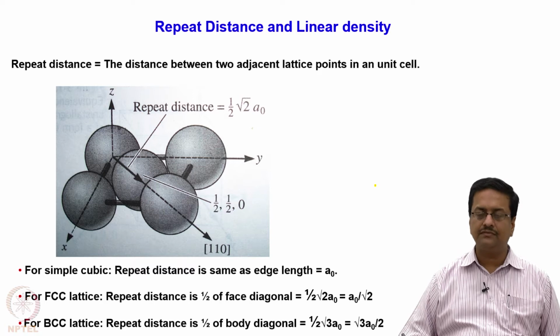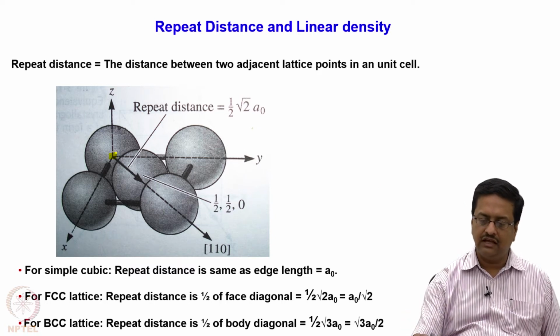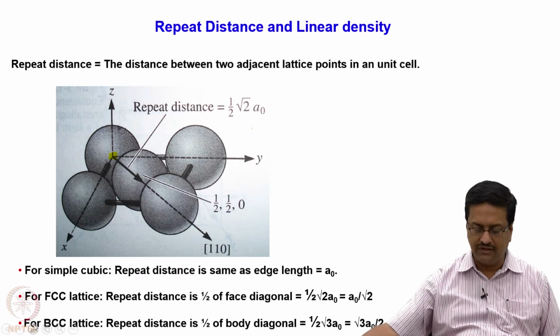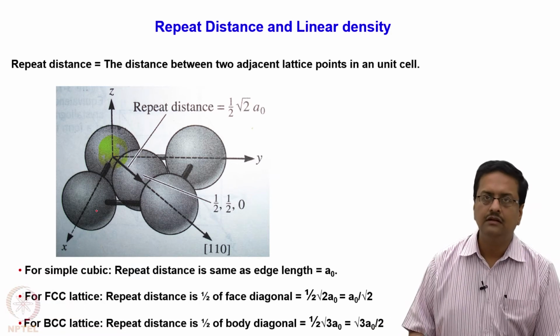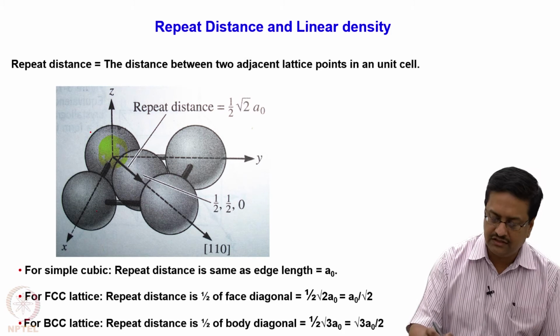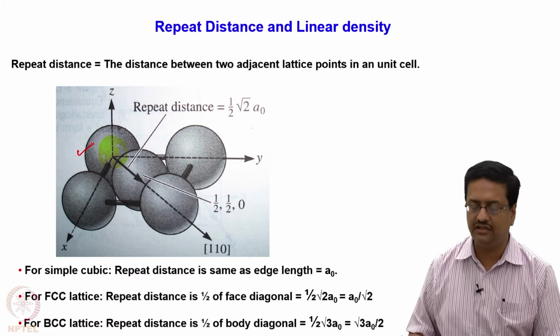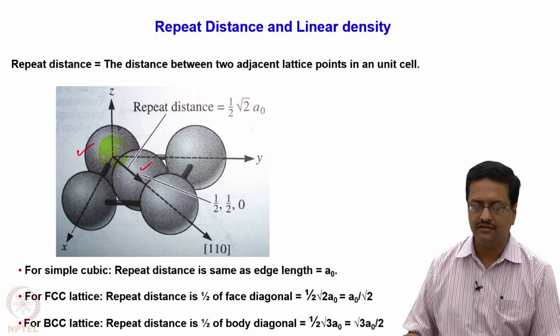So in case of a face-centered lattice, what we have is an atom at the center of the face and an atom at the corner. In the figure here, we see one atom at the corner of the unit cell and one atom at the center of the face.